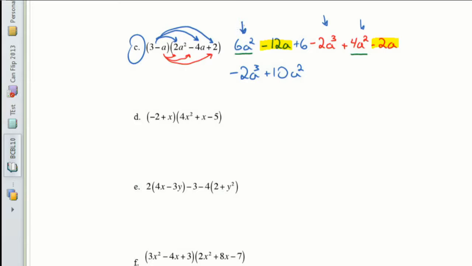Then if I have any a's, I have negative 2 and negative 12. So I have negative 14a. So that gets rid of these guys. And then I have this just lonely little plus 6 here. So I've expanded and simplified, and that is what I ended up with.